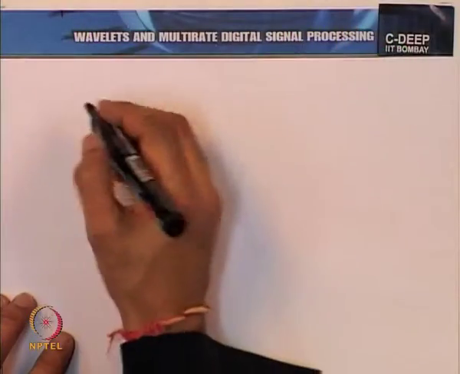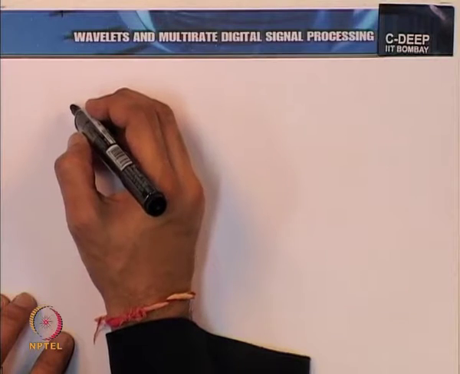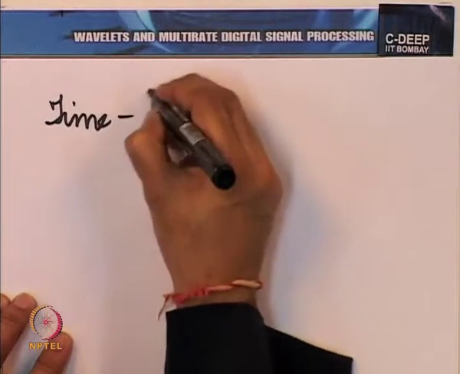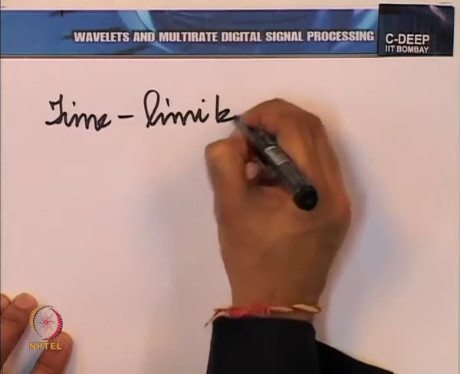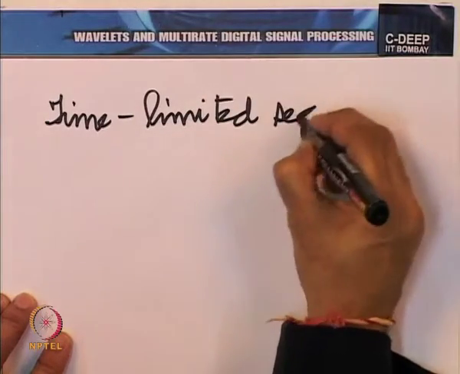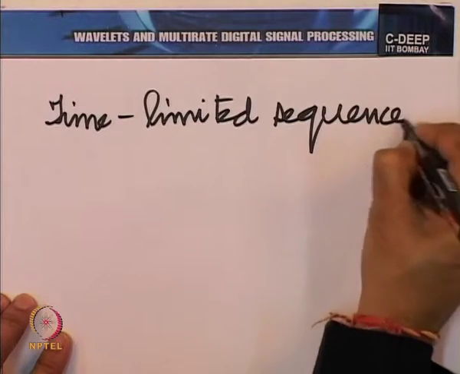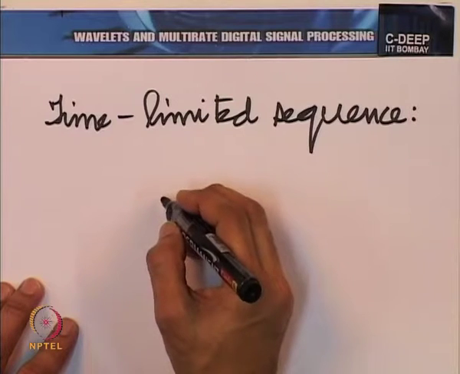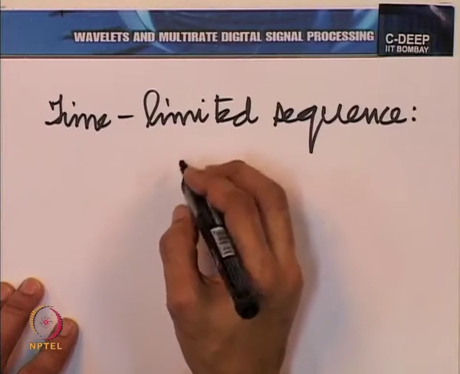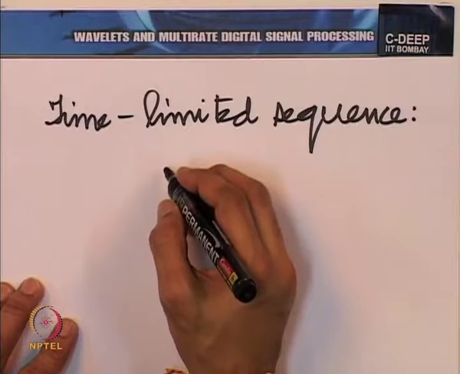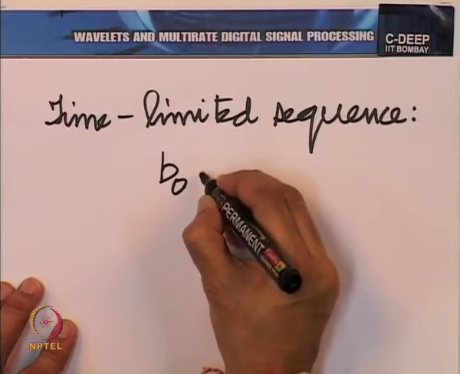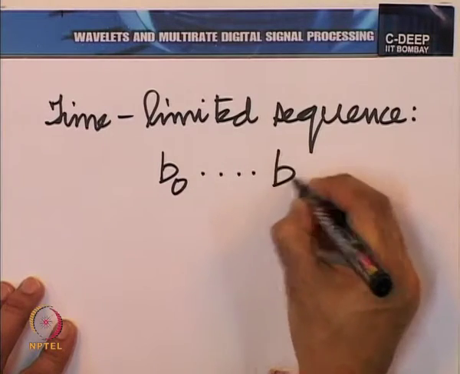So, if you recall, if you have a time limited sequence, let us say it has capital N samples. So, you have, let us give the sequence a name, b[0] to b[N-1] to be more precise.